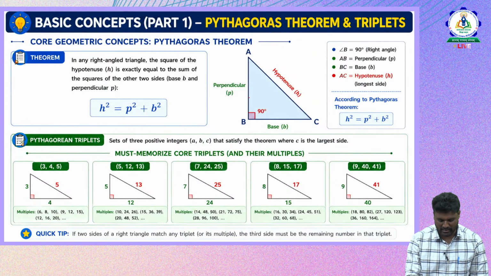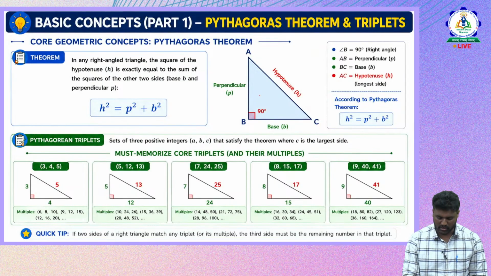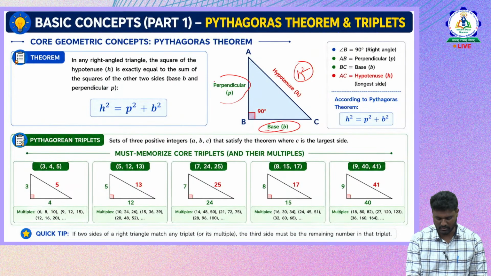In any right angle triangle like this, the square of the hypotenuse is equal to the sum of the squares of the base and the perpendicular, or adjacent side.